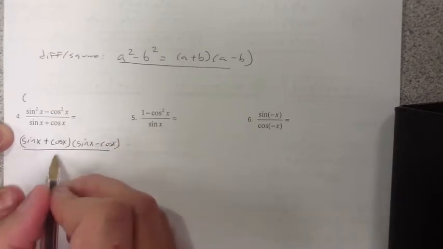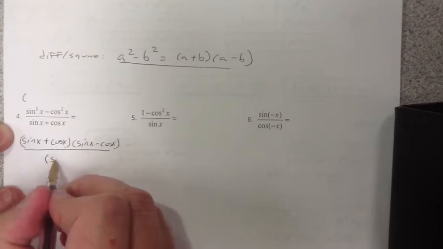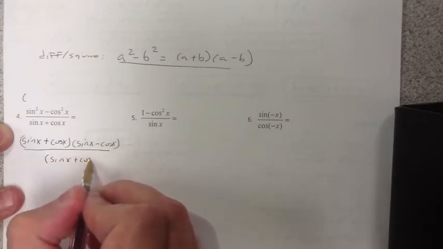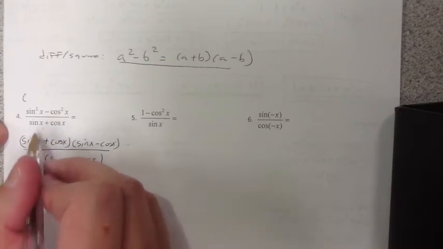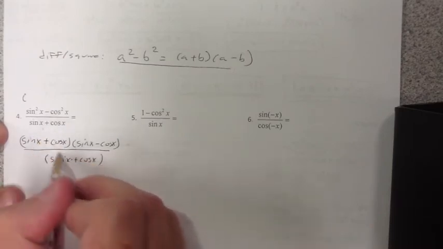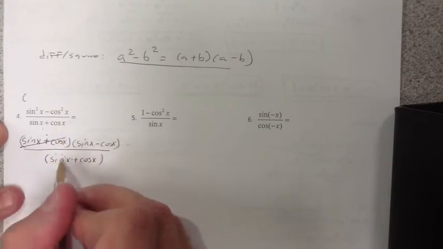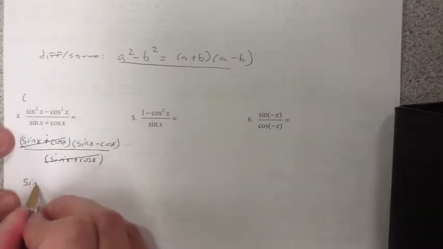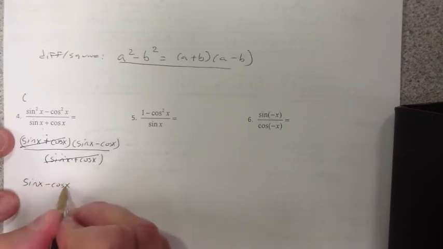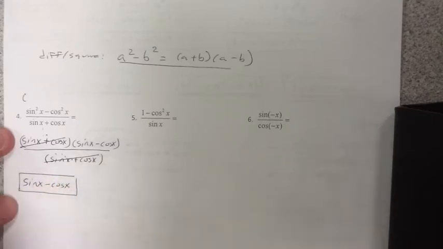And what's so nice about this, because if you notice the bottom, I have the sine of x plus the cosine of x. And if you notice, these two terms are the same. So I can cancel them out. And what are we left with? Just this sine of x minus cosine of x. And there's our final answer.